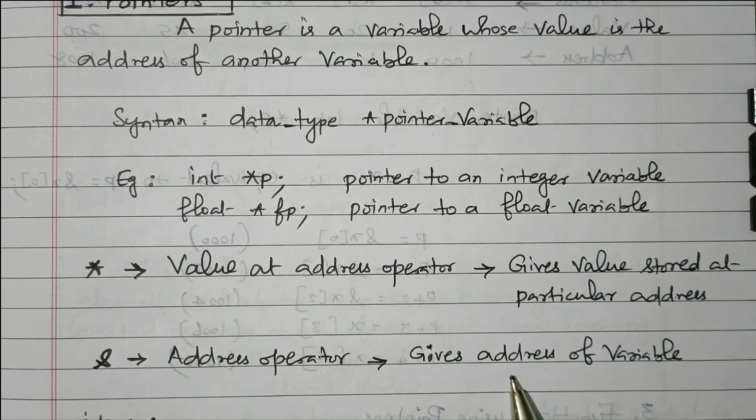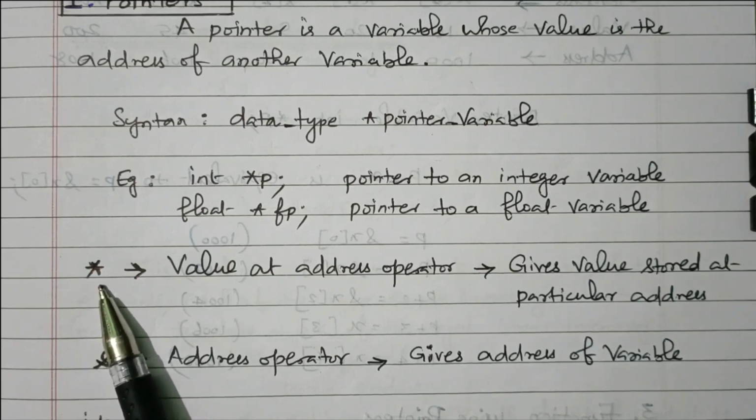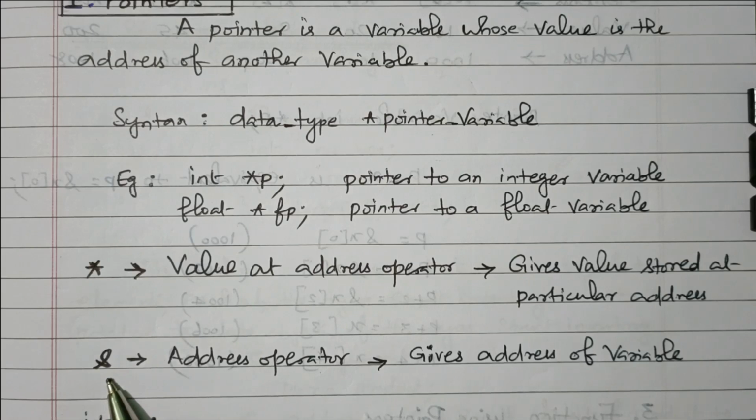So the star will give the value stored at the address, and the ampersand address operator will give the address of that variable. If we want to get the address or the variable value, we can use these two.